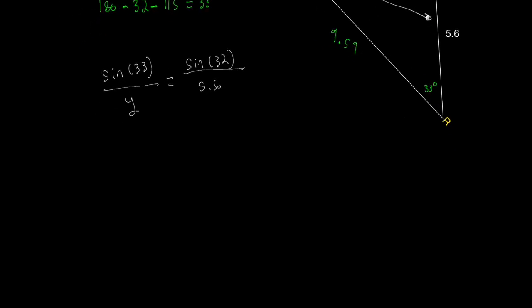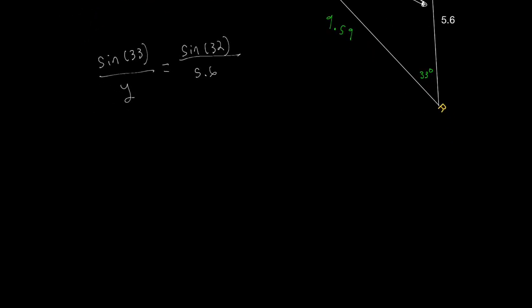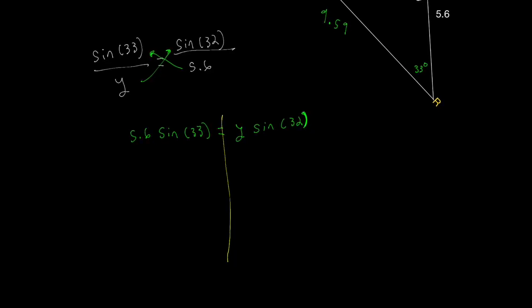So let's set up the proportion here. Cross multiplying, I'm going to get 5.6 multiplied by sine of 33. This is going to equal y multiplied by sine of 32. And now here, I want to isolate y. So I've got to get rid of this sine of 32.